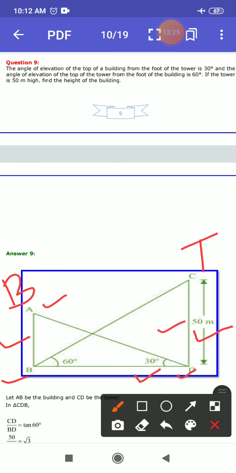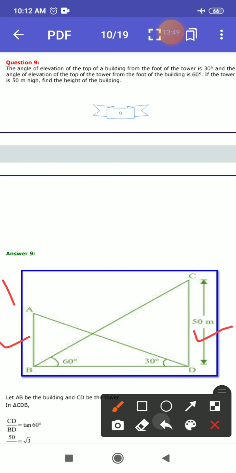If you stand at the foot of the building and see the top of the tower, the angle made is 60, and reversing this, if you stand at the foot of the tower and see the top of the building, the angle made is 30. So this situation is given in this question.